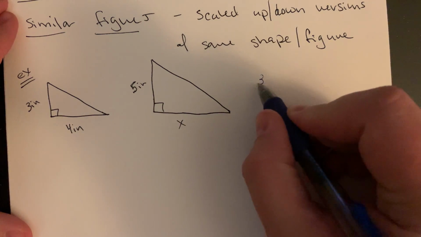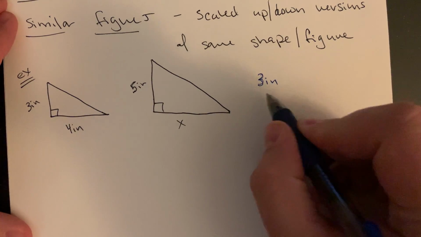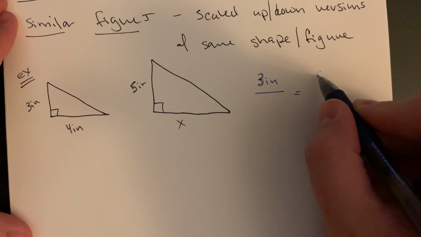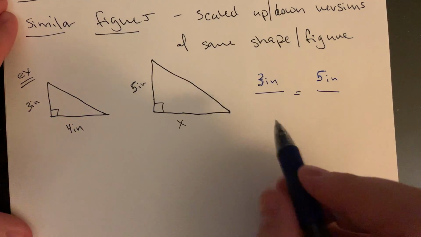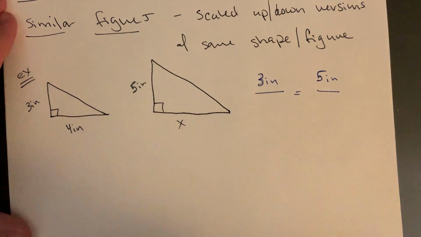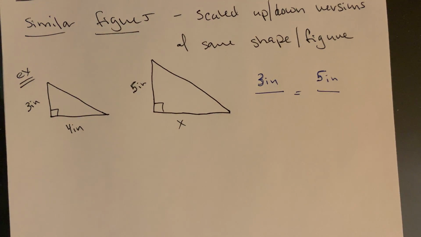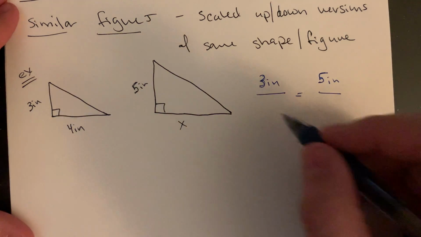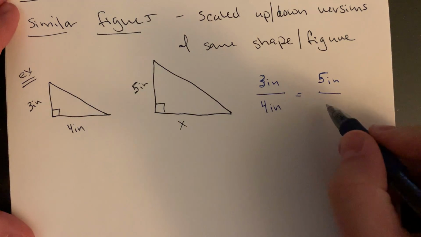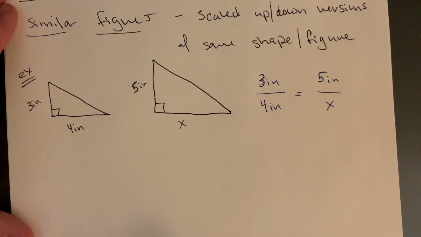So we can say 3 inches, and then on the other side we can put our 5. We'll do triangle 1 on the left and triangle 2 on the right. So the 3 and the 5 we want in the numerator position, and then we'll compare that with 4 on the bottom, and then our x value is over here.